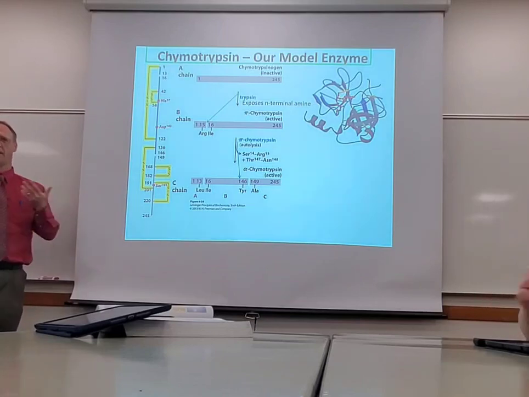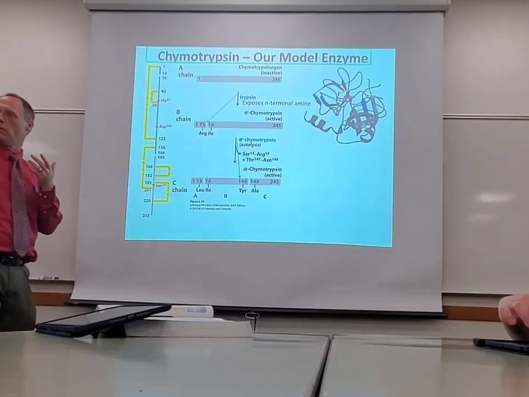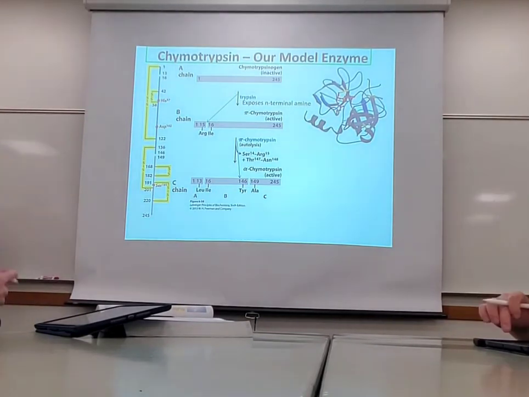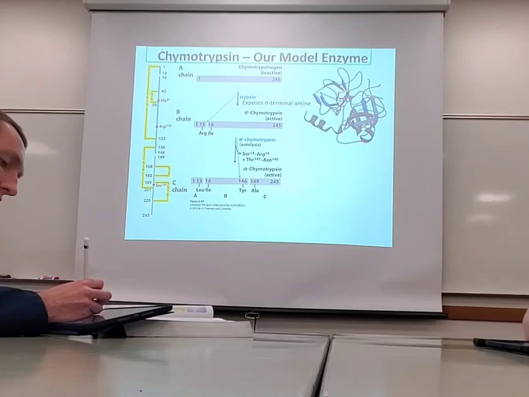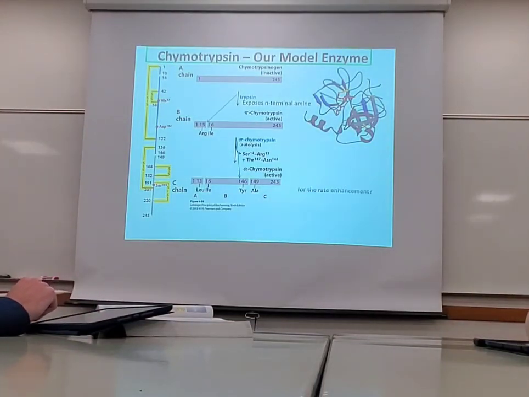So it keeps the part that's cleaved off connected through the disulfide bond? Yes. So it's never totally separate. That's not true of all zymogens, but in this one it is. Trypsin, which works under the same pH, is what is activated.